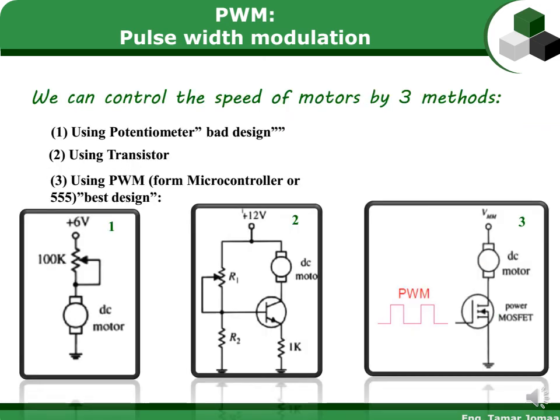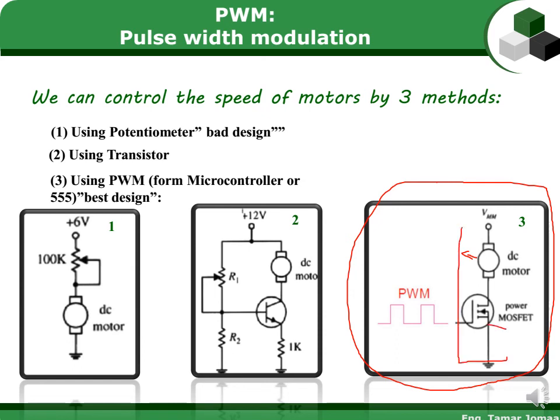So we can use the PWM mode to control the speed of the DC motor like this. We can make the circuits like this with the MOSFET here, and we can generate the PWM function here, and then we can control the speed of the motor.